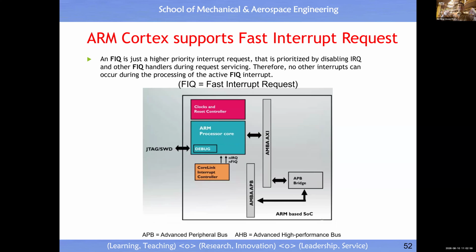You also have the interrupt and fast interrupt. Interrupt is a new concept to you, but actually all of you are familiar with the interrupt already. For human beings, I guess all of you have experienced feeling hungry. What do you mean by hungry?